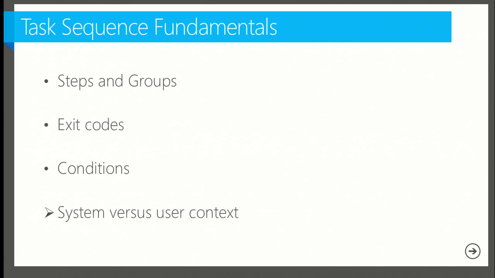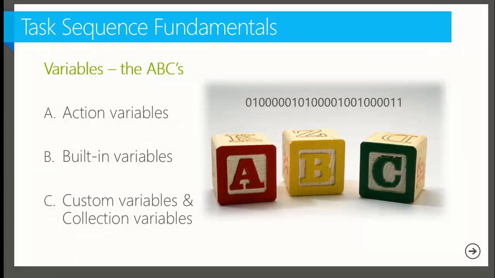So you have to set that deployment type to install as system. When the task sequence runs, it does not allow interaction by the end user, so we have to run it as system.